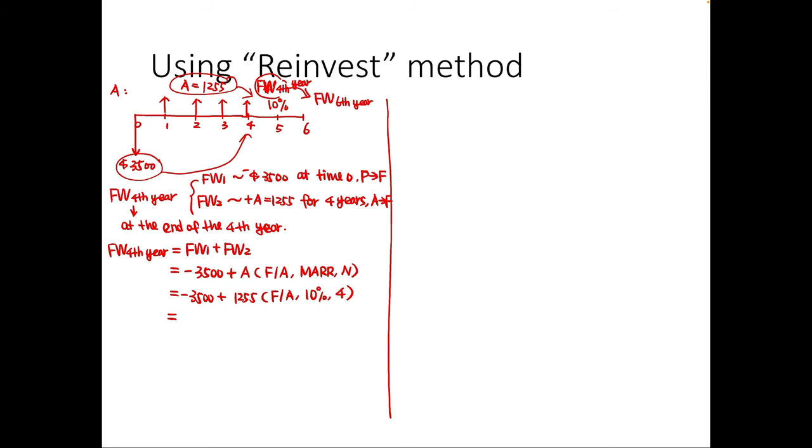And then this value is going to be positive 700.105. And now we want to convert this value to the future time at the end of the 6th year. So we want to have FW 6th year, which is, the FW for the 4th year compared to the 6th year, it's a present worth, right, relatively.